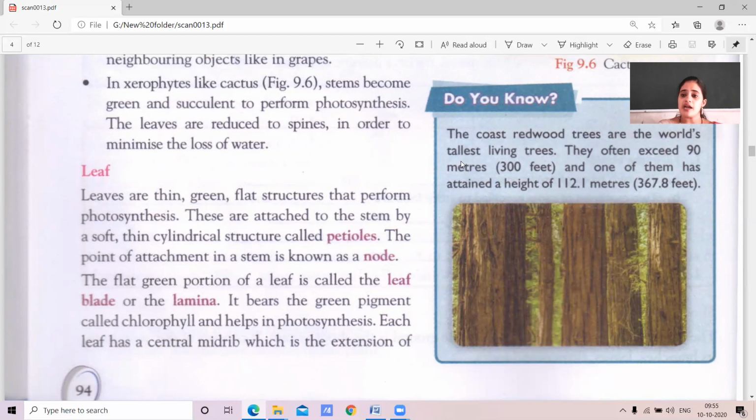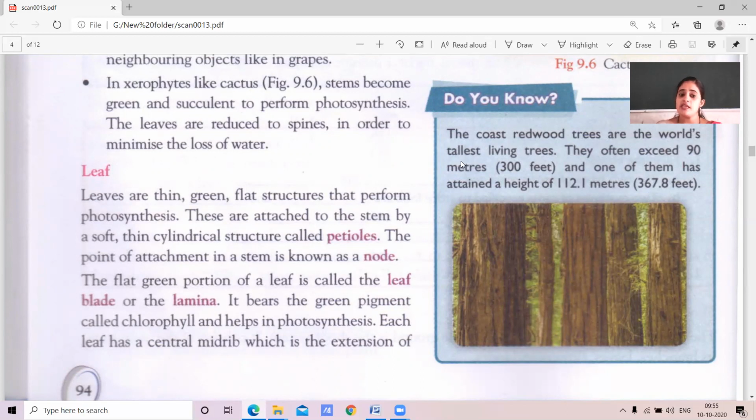These are attached to the stem. The leaves are attached to the stem by a soft, thin, cylindrical structure. We call that a petiole.